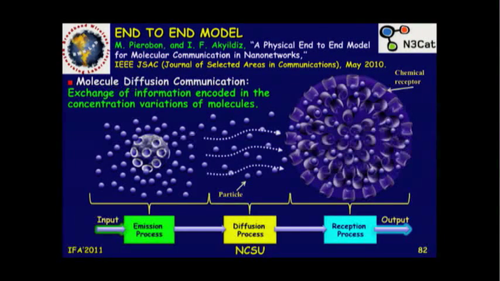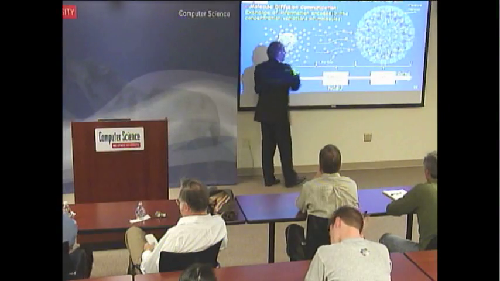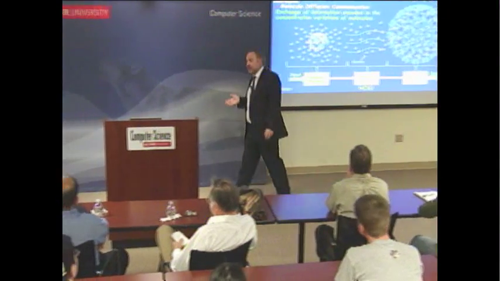Some of you may know about Brownian motion from physics, and there are Adolf Fick's law 1 and law 2 we use for diffusion of these molecules. Of course, we convert them into our environment, as you can see, particles are moving, and then they are received by the receptors in the reception process. So what's happening is end-to-end delay and path loss, for example.